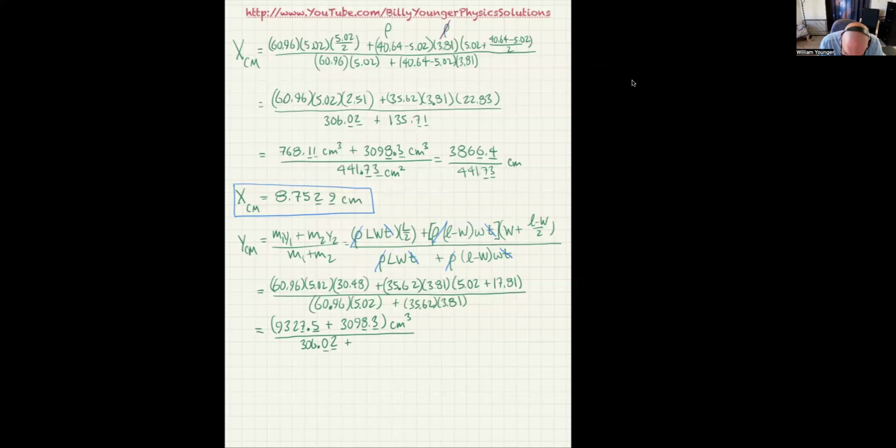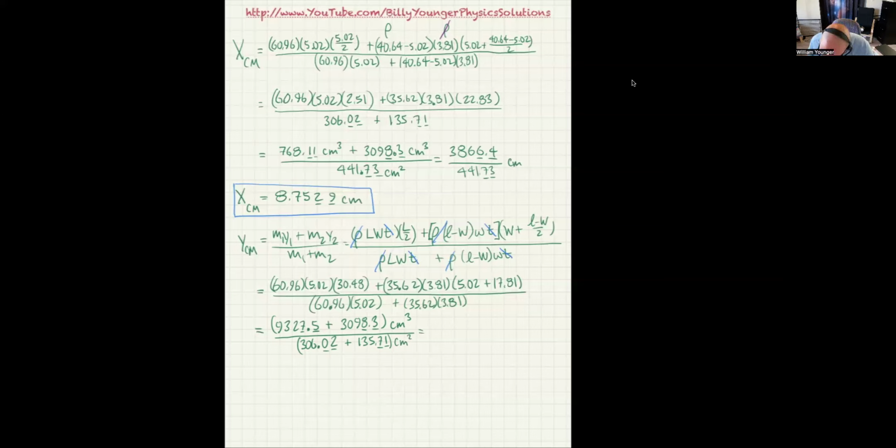And then I'm adding to that the 35.62 times 3.81, and that gives me 135.71. And again, that's 3 sig figs times 4 sig figs. So that's giving me 3 sig figs, which means it's only good to the ones place. And all of this is just in centimeters squared. So you can see the final result should be centimeters cubed.